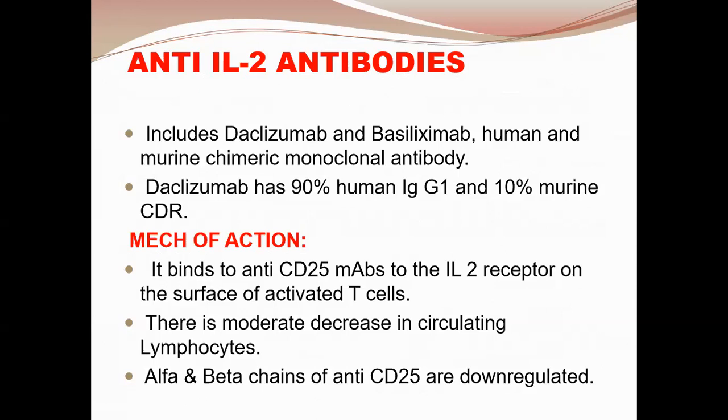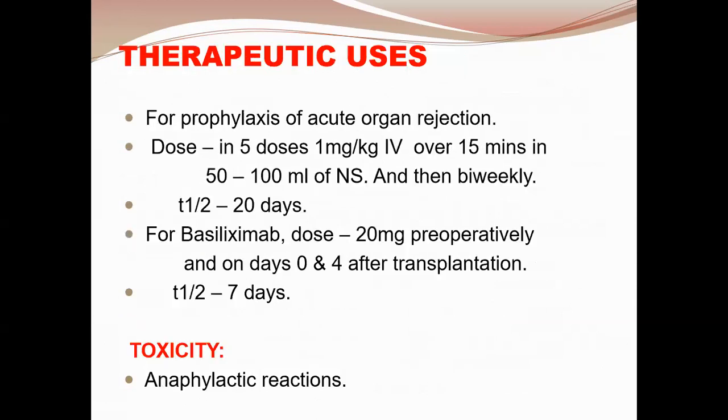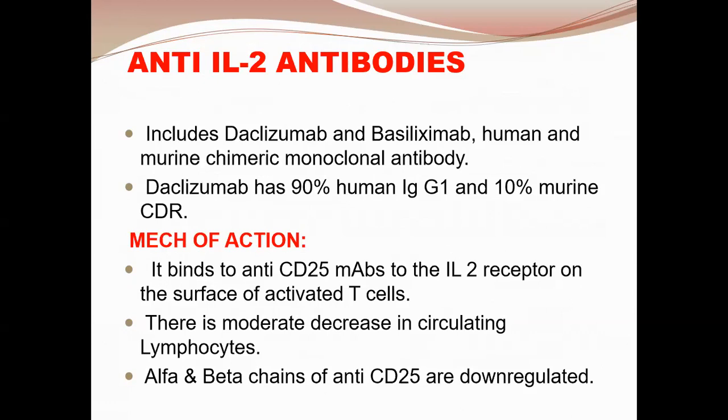The mechanism of action of these anti-IL-2 antibodies is that they bind anti-CD25 monoclonal antibodies to the interleukin 2 receptor on the surface of the activated T cells. There is a moderate decrease in the circulating lymphocytes, and alpha and beta chains of anti-CD25 are downregulated. So these are various mechanisms of action of the anti-interleukin 2 antibodies like daclizumab and basiliximab.